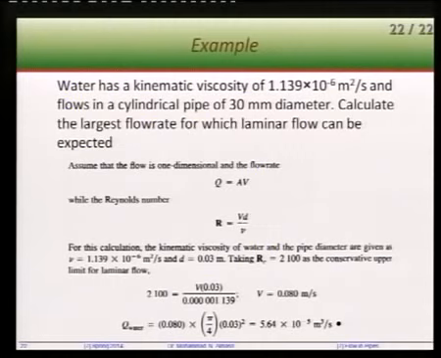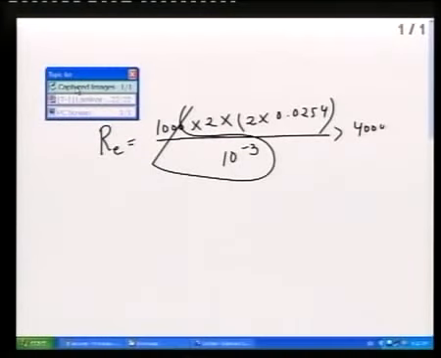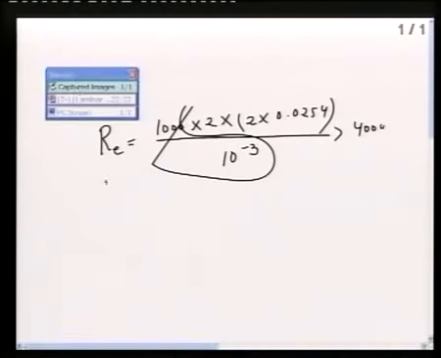Calculate the largest flow rate for which laminar flow can be expected. If we get back to, we know that again.